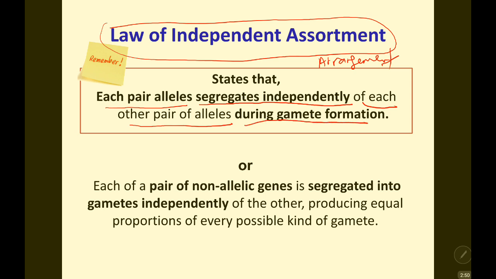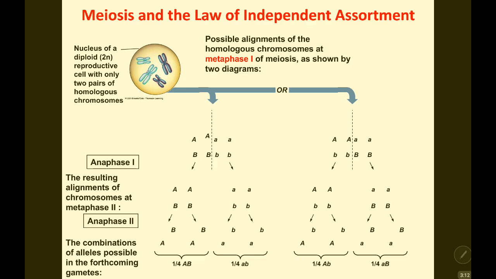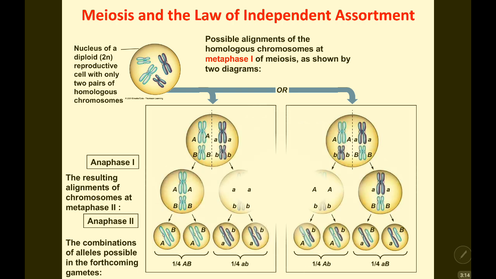So remember that we have two pairs of alleles. Maybe it's quite abstract to understand now, so you can look at the diagram to understand better here.